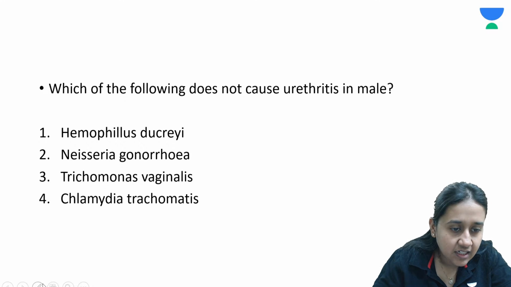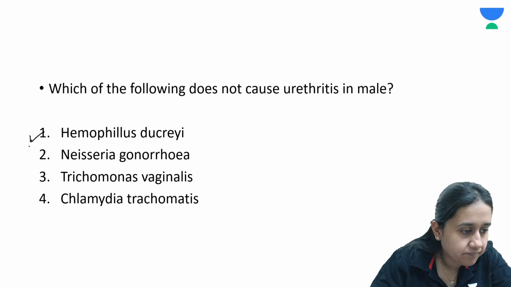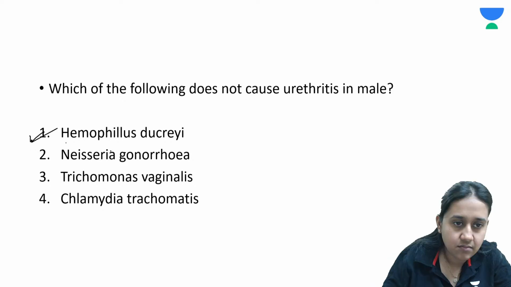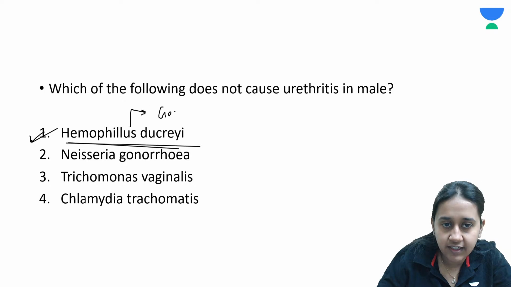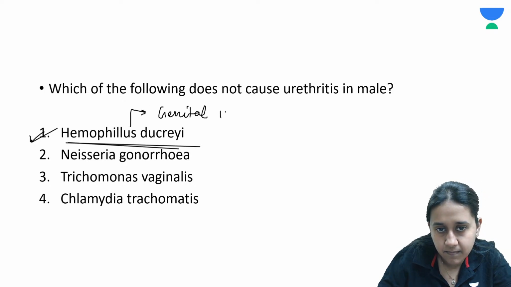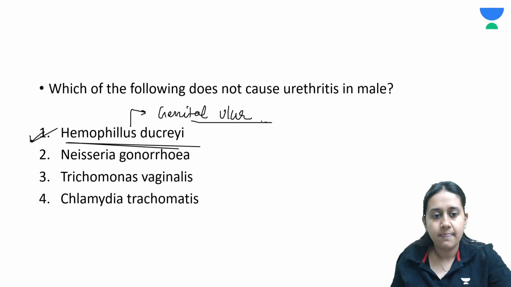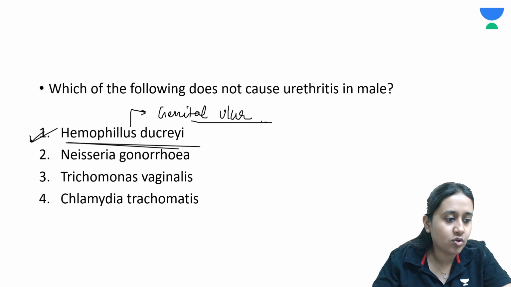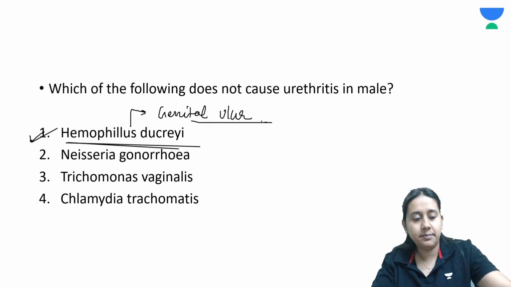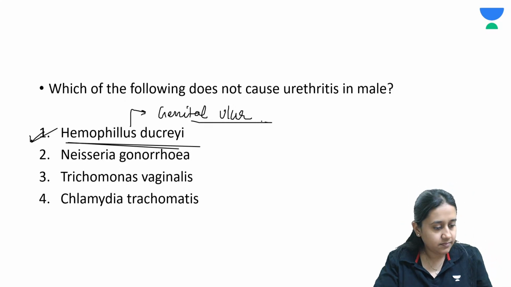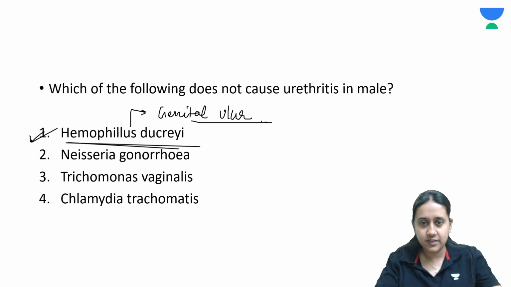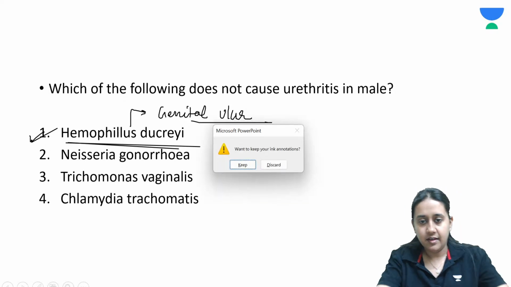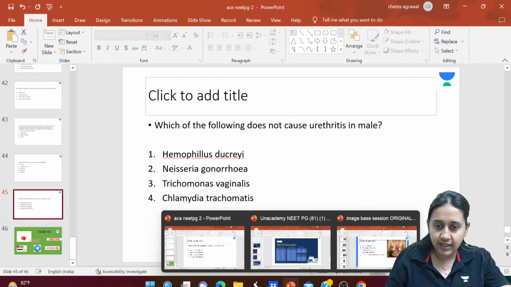The answer is Haemophilus ducreyi. Haemophilus ducreyi is known to cause genital ulcer. Clear? Anybody has any confusion? I hope I'm audible and visible. Now moving to the next question.